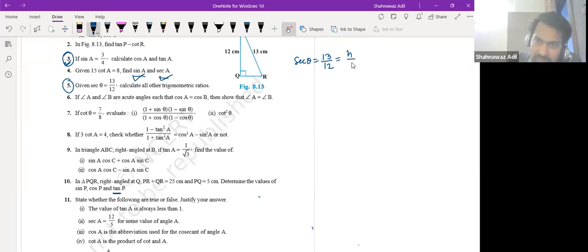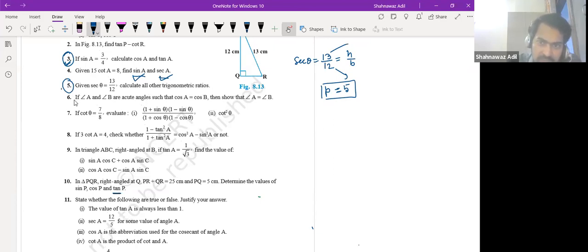So now you know h, you know b, and then you have to calculate the perpendicular. This would be 5, right? Then we can calculate all the other ratios, right?